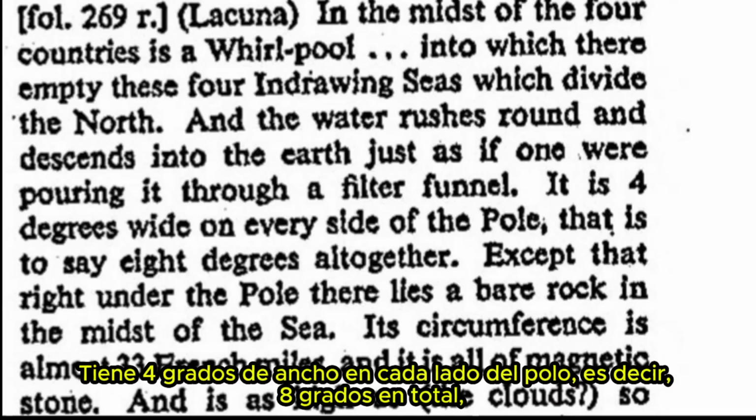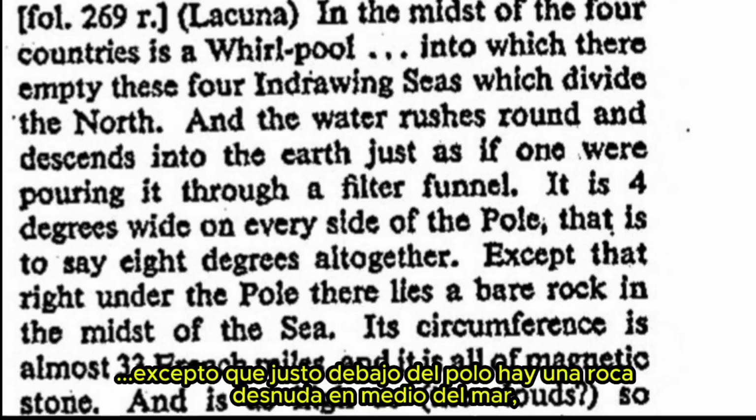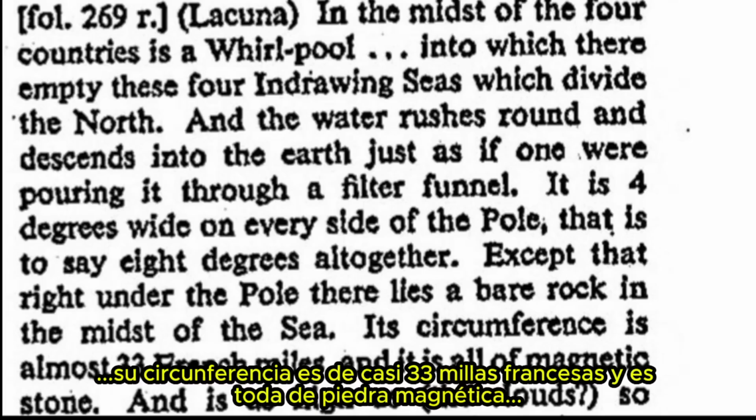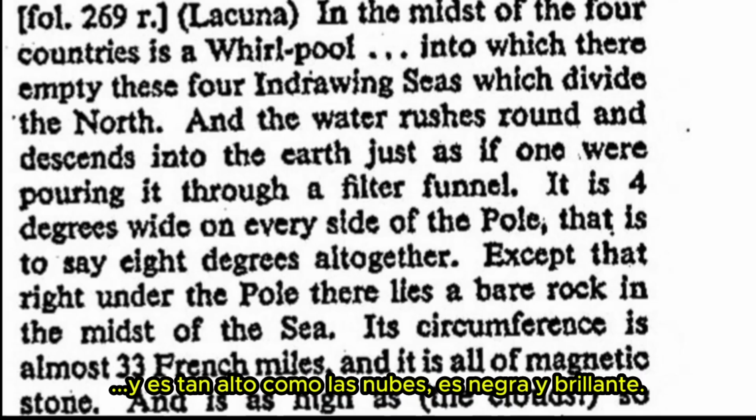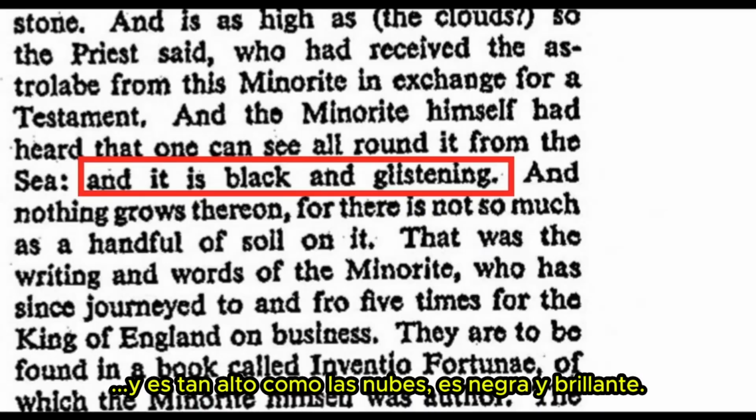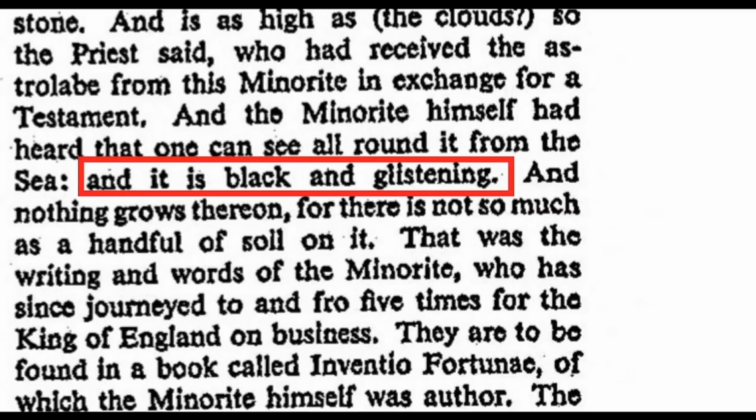That is to say, 8 degrees altogether, except that right under the pole there lies a bare rock in the midst of the sea. Its circumference is almost 33 French miles, and it is all of magnetic stone, and is as high as the clouds. It is black and glistening."